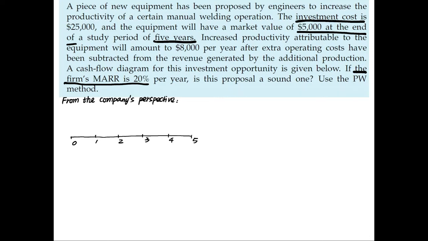That's your timeline. At the beginning, you need to pay 25,000. That's the expenditure, so it's going downward. At the end of the 5th year, you can sell it at 5,000.